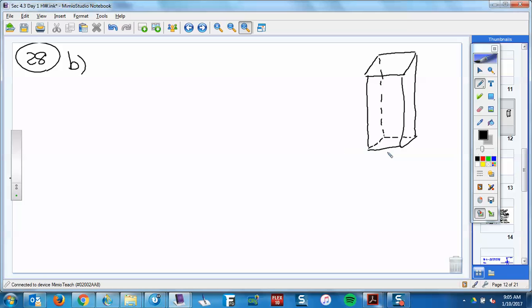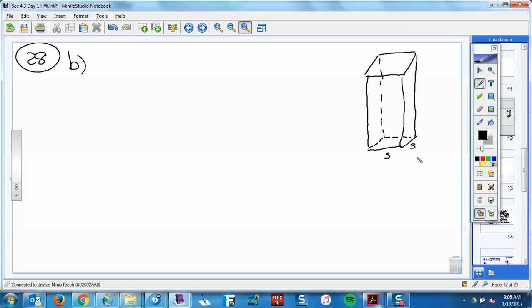Now, what can I label these? What should I label this down here? S. It's a square, so why not?